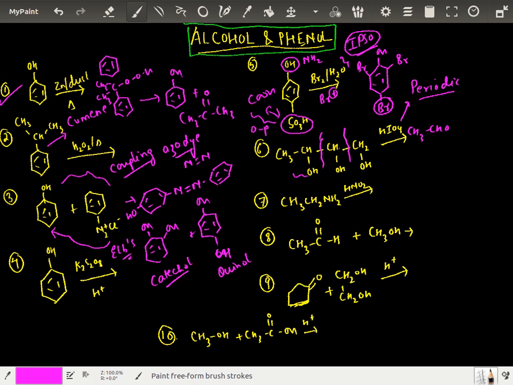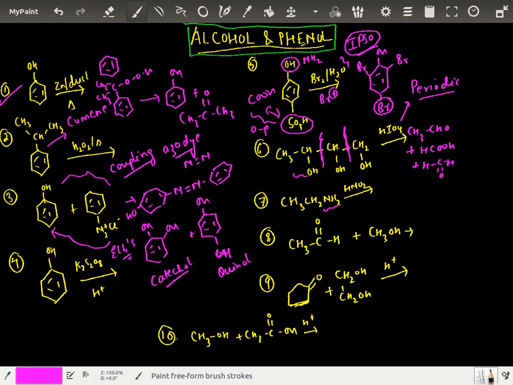Second, note that it is oxidized on left also and right, so it will have two stages of oxidation. So it will convert from alcohol to aldehyde and then to acid. So one carbon acid is formic acid, and the last one is oxidized only at one end, so it will be converting into the aldehyde. So these are the fractions which are formed.